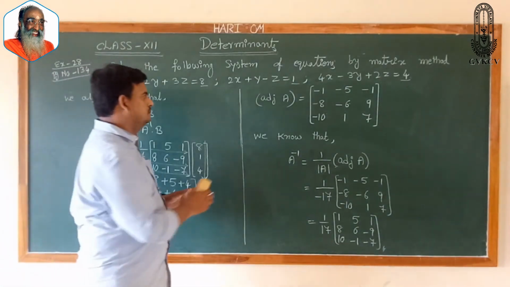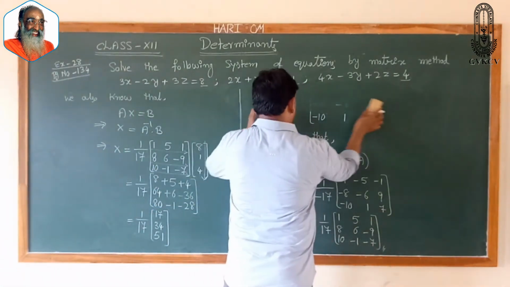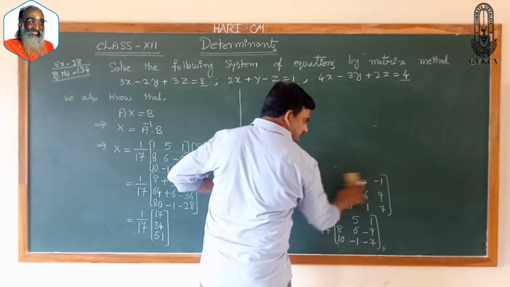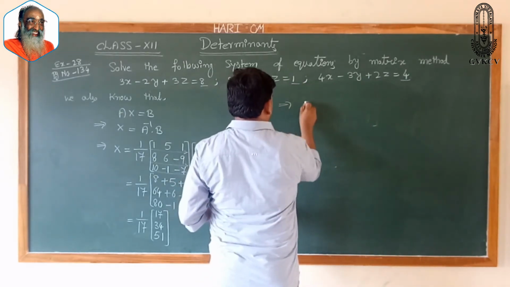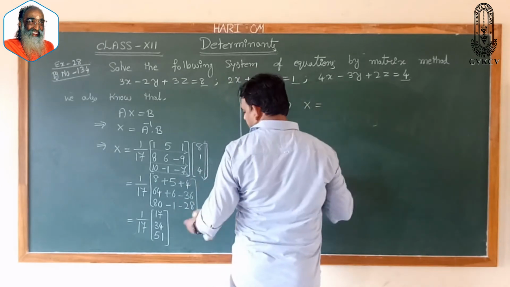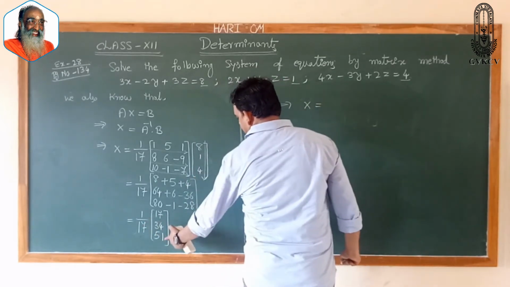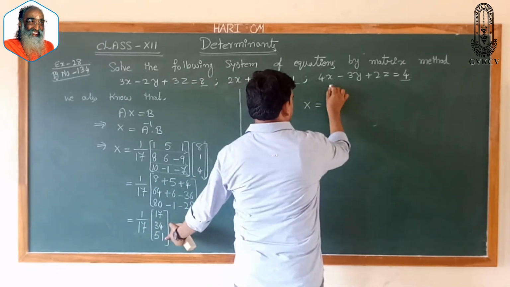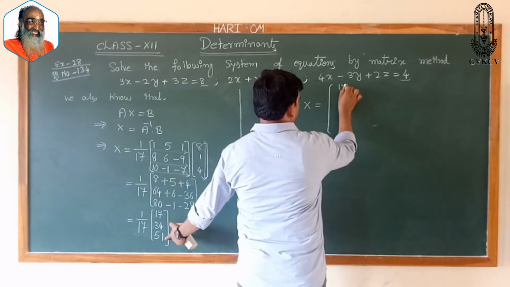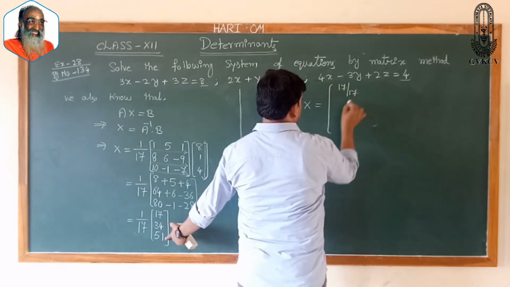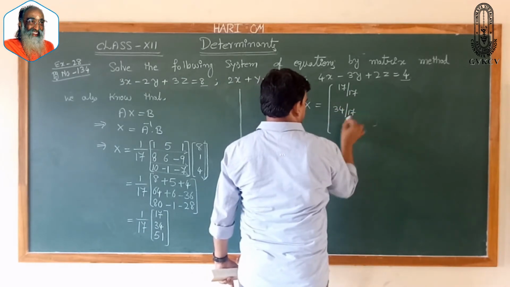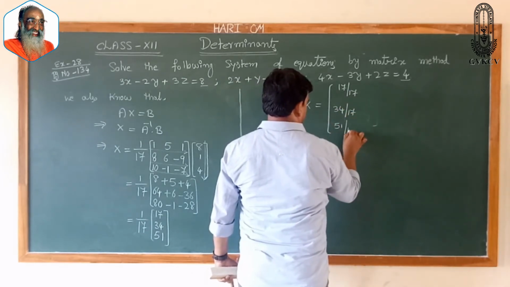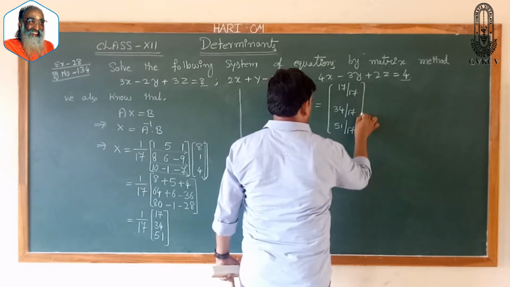Still we have simplification. Now that implies x is equal to, now this 1 by 17 will multiply inside. So what we have? We have 17 by 17, 34 by 17, 51 by 17.